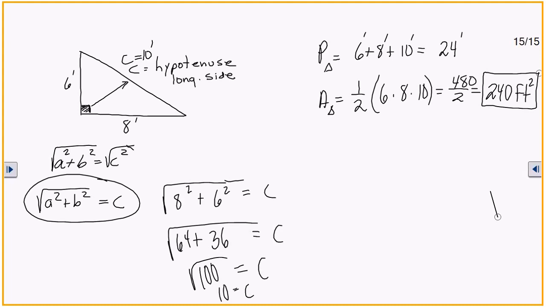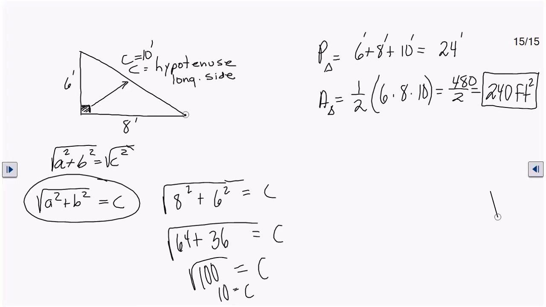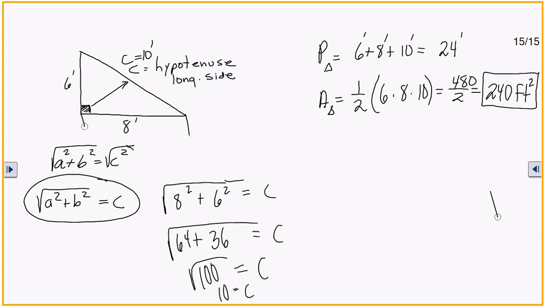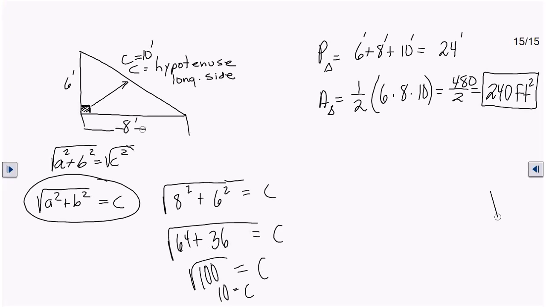Okay? And if you had a volume, let's say this was a piece of pie, or let's say you built a frame for a garden. And let's say that the depth of this garden or this box is 3 foot.